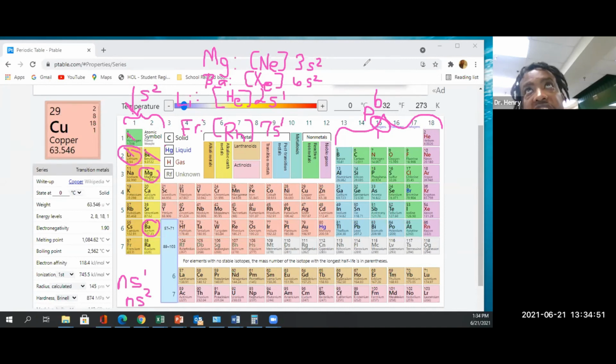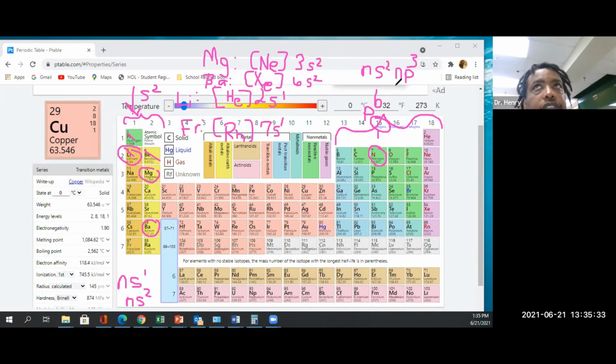So we know it's going to have at least ns2. And who's in group 15? Nitrogen. So that's 1, 2 for that ns2, and then 1, 2, 3 for nitrogen, so that would be np3. So anything in group 15 is always going to have ns2 np3.